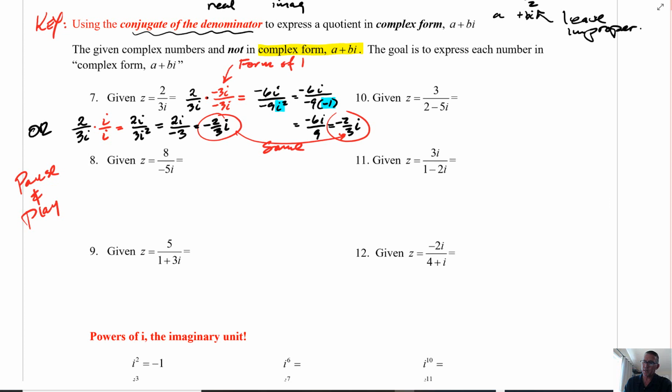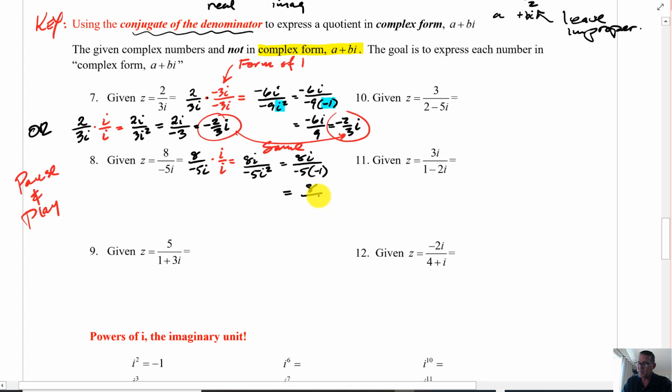Okay, so let's check your work here. We're going to take 8 divided by negative 5i, and I'm going to use method number 2. I'm just going to multiply by i over i, and I get 8i up top, obviously. 8 times i is 8i. I get a negative 5i squared down below, and that's 8i divided by negative 5 times negative 1, which simply gives me 8i divided by 5, or you can write it as 8/5 i.